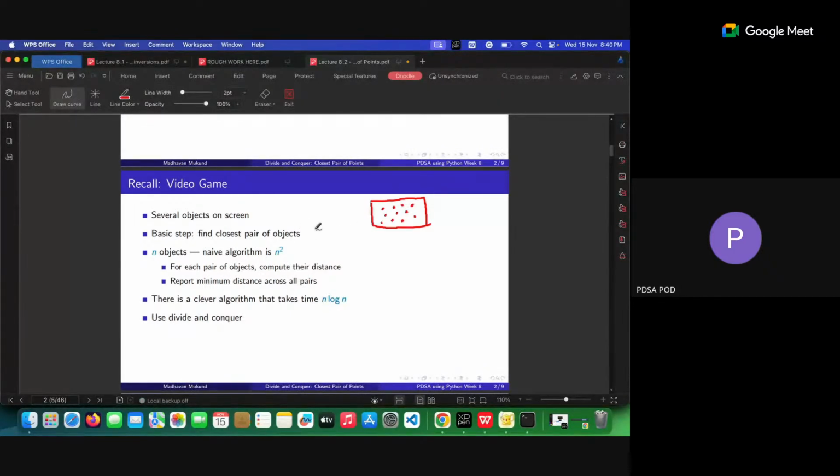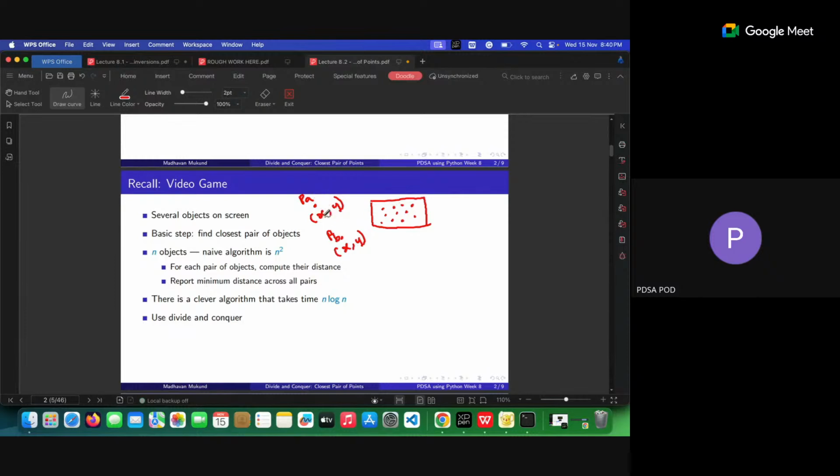So whenever you want to find the closest pair, each object definitely has an x coordinate and a y coordinate. Another object also has an x coordinate and a y coordinate. So it might be point A and it might be point B. So the point contains x and y coordinates. So let me consider each object as one point, located with an xy coordinate.